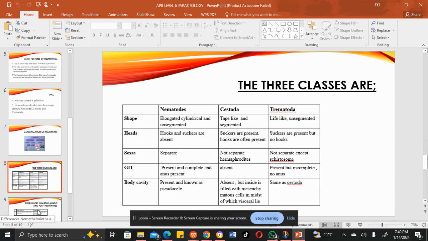And here we have the differences between the three classes. The differences focus on the shapes, their heads, their sexes, GIT, and the body cavity. Under class Nematoda, they have an elongated, cylindrical, and unsegmented body.